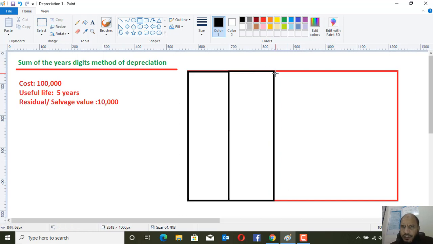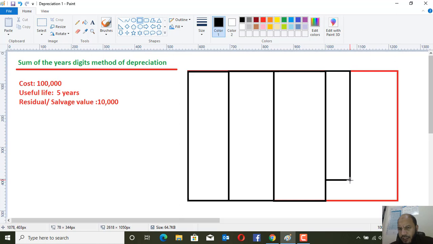Then we have the depreciation rate, and after the depreciation rate we will have the annual depreciation expenses column, and then the accumulated depreciation expenses, and finally the ending book value or the end value. So this is about the chart.